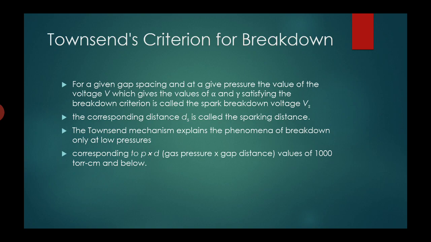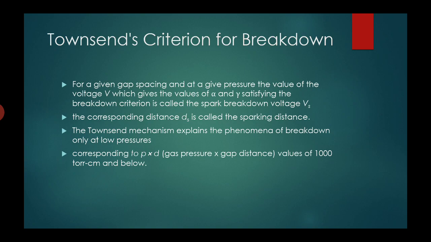For a given gap spacing and at a given pressure, the value of the voltage V, which gives the value of the alpha and the gamma, satisfying the breakdown criteria, is called the spark breakdown voltage. Okay, so remember this term, spark breakdown voltage, Vs. That is the voltage which gives the value of alpha and gamma that satisfy the breakdown criteria.